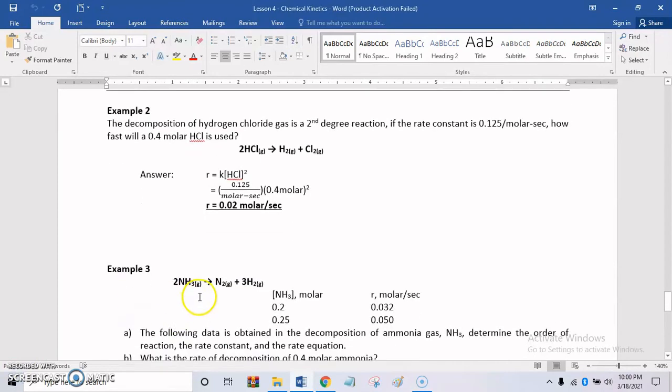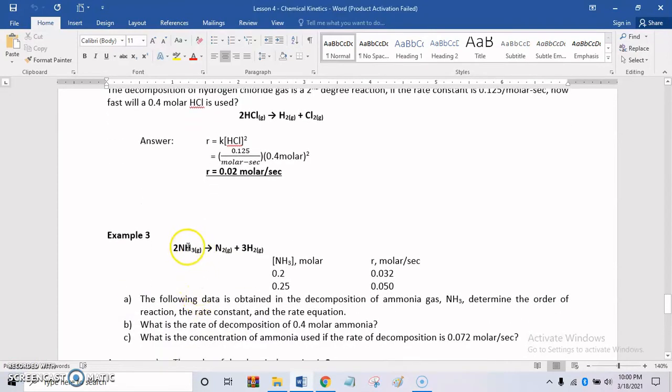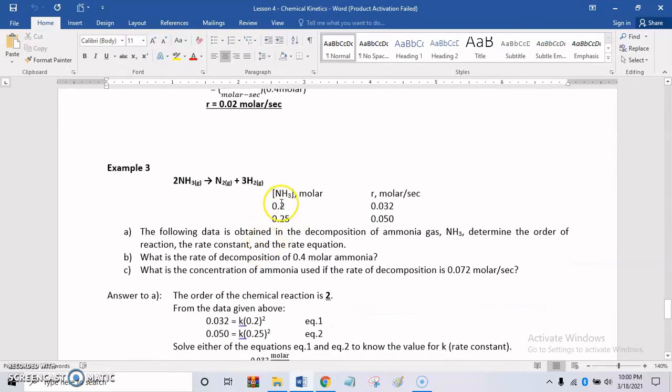Next, example 3, ammonia gas decomposes to nitrogen gas and hydrogen gas. And this is a balanced chemical equation. Given tayo nito, the concentration of our NH3 in molar, and the rate of reaction R in molar per second.